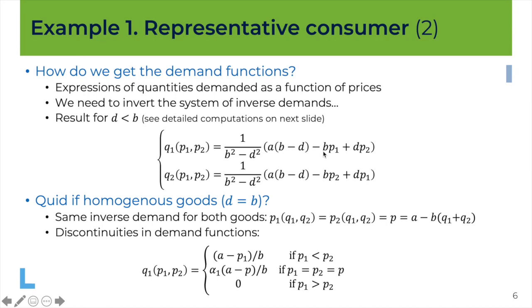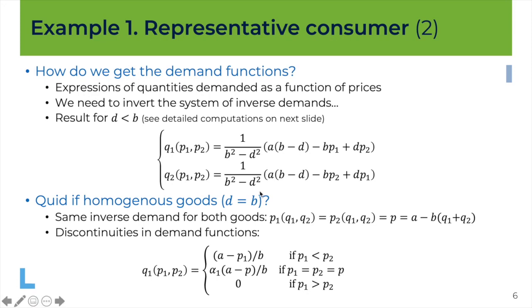So no wonder that if the price of good 2 increases, you see that the quantity demanded of good 1 increases as well. Okay, so if the consumer sees tomatoes and cabbage as substitutable products, if the cabbage becomes more expensive, then the consumer is going to increase the consumption of tomatoes, right?